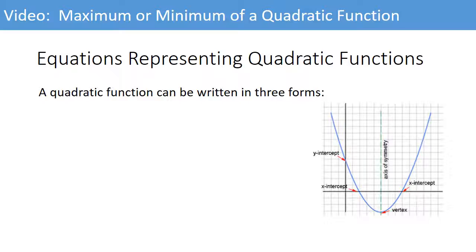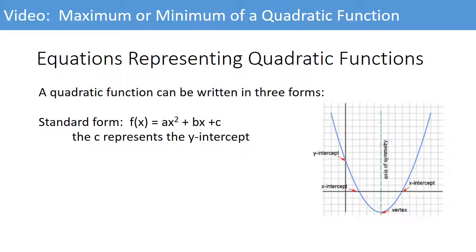Now, let's look at the three forms. First, we have the standard form, written f of x equals ax squared plus bx plus c, where c represents the value for, you guessed it, the y-intercept.